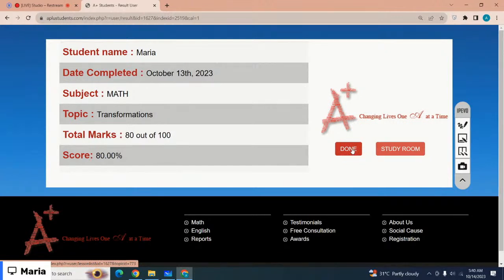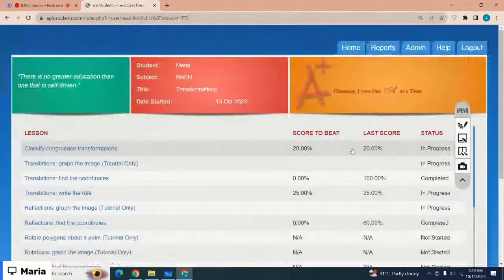The lessons we have covered today are classify congruence transformations, translations, graph the image, translations, find the coordinates, translations, write the rule, reflections, graph the image, and reflections, find the coordinates, right? So please make sure before the next session you complete all the practice questions for the lessons we did today. That is your homework until next session, right?